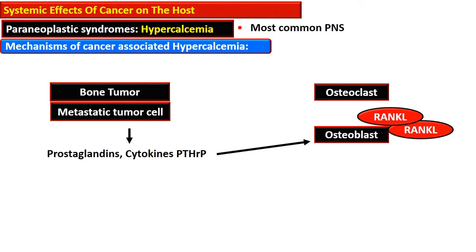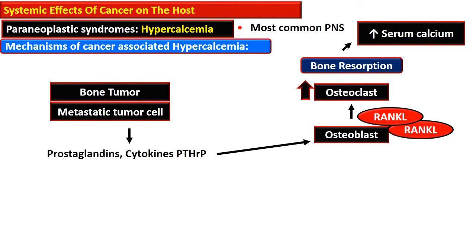The tumor cell releases prostaglandin, cytokine, and parathyroid hormone-related peptide that act on osteoblast and stromal cell and increase the expression of RANK ligand. This increased expression of RANK ligand will result in increased osteoclastic activity that will result in bone resorption and increased serum calcium.